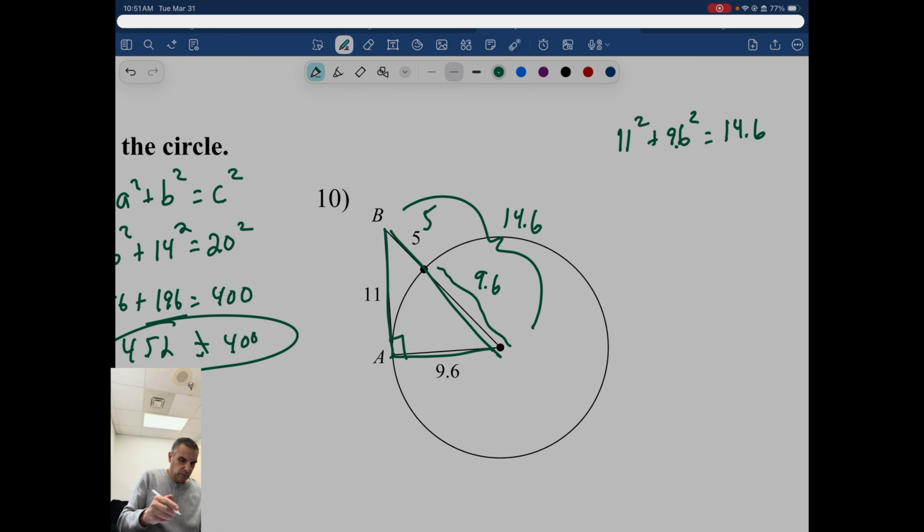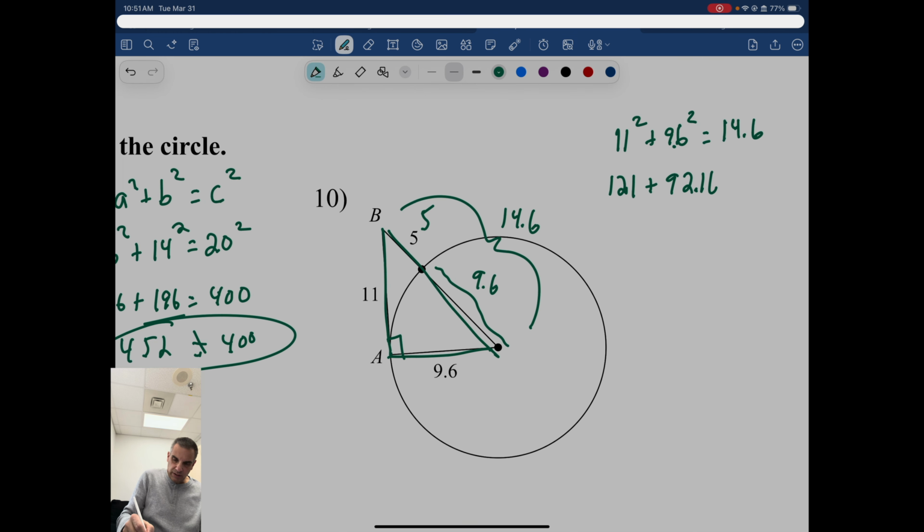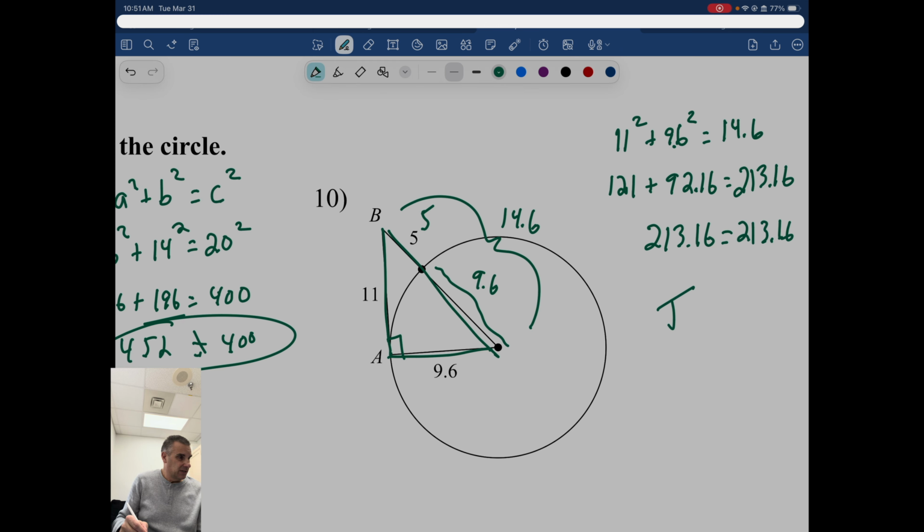So 11 squared is 121. 9.6 squared is 92.16. 14.6 squared is 213.16. Add 121 plus 92.16. And my guess is you get 213.16, which of course is equal to 213.16. So this is a tangent. And we're done.